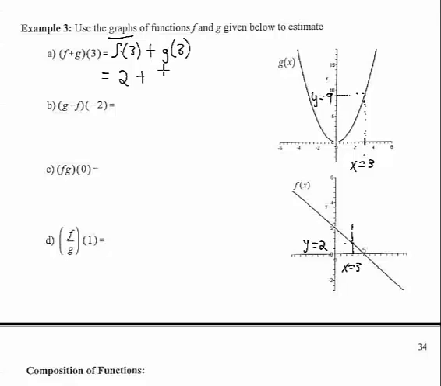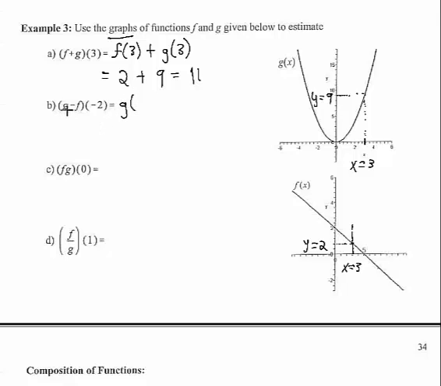So in the place of g of 3, I write 9, and then I simply add the two outputs to get 11. f plus g of 3 equals 11. So we just simply have to read a graph in order to obtain our outputs.